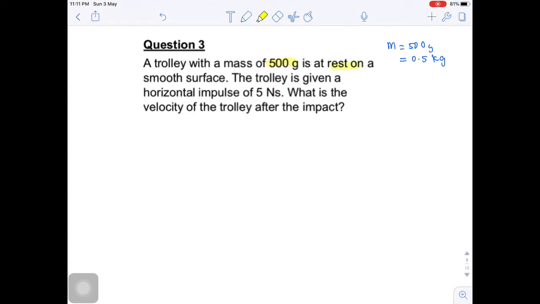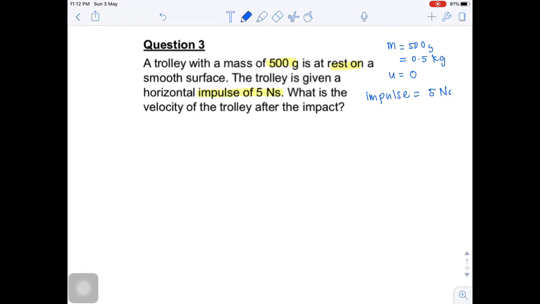At rest means that u equal to 0 on a smooth surface. The trolley is given a horizontal impulse of 5 Newton second. So impulse, 5 Newton second.